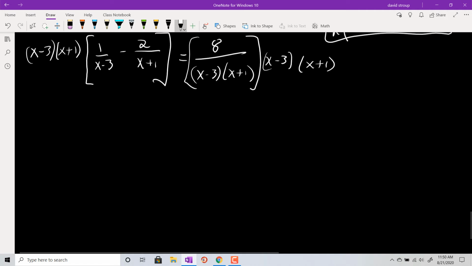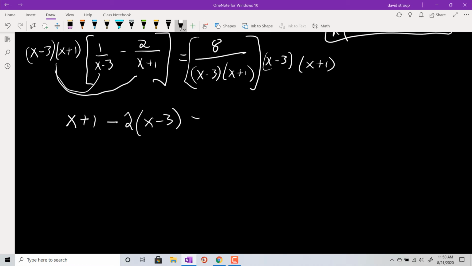On the left-hand side, the x minus 3, x plus 1 times 1 over x minus 3: the x minus 3's will cancel, leaving you with x plus 1 times 1, or just x plus 1, minus the second term. Okay, so that was the first one. And then the second one, the x plus 1's will cancel, leaving you with the negative 2 times x minus 3. On the right-hand side, the denominator will completely cancel away, leaving you with 8.